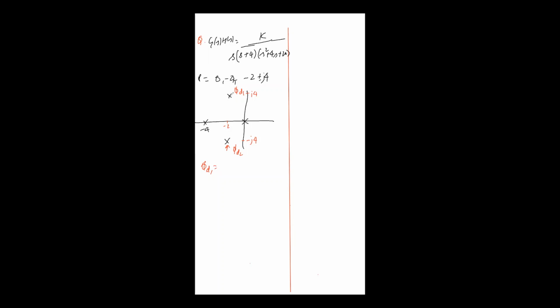If the branch is leaving like this, then for phi d2 the branch will leave like this. So if we calculate phi d1, that is enough. Let us see how we will calculate phi d1.